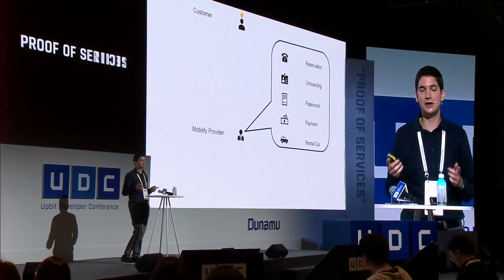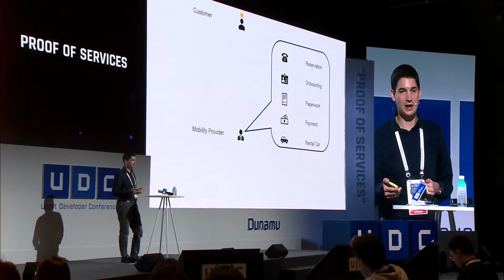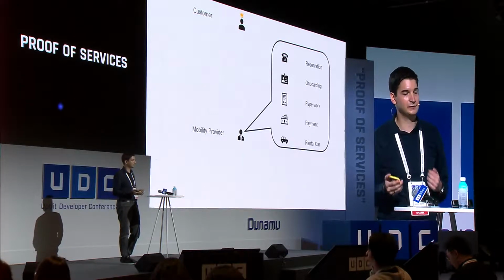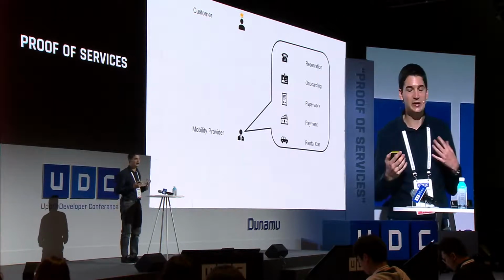In order to provide the service, the provider needs to take the reservation, check the ID and driver license on site, do the paperwork, receive the payment, and in the end, he can finally hand over the rental car to the customer. He has the whole value-added chain in his hand, and his profit depends on how efficient he handles his business process.